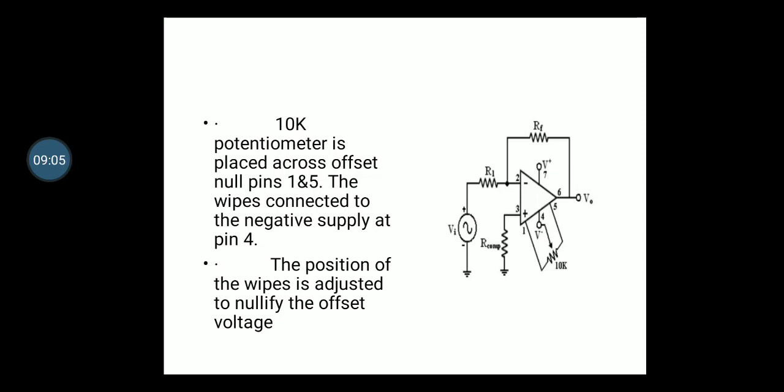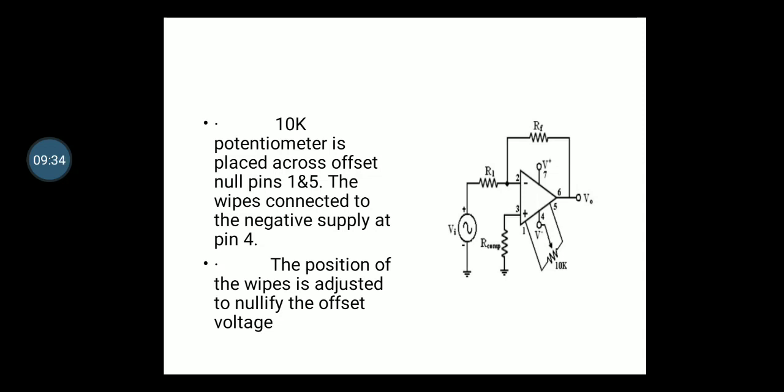Hence, without compensation technique, the maximum offset voltage at the output of the inverting and non-inverting amplifier would be VOT is equal to 1 plus RF by R1 VIOS plus RF IB. So with compensation, it will be VOT is equal to 1 plus RF by R1 VOS plus RF IOS.